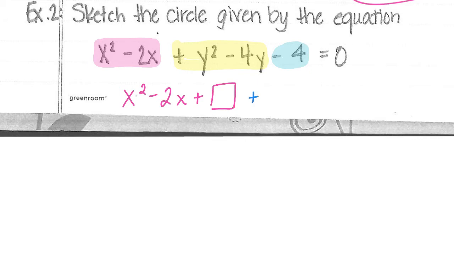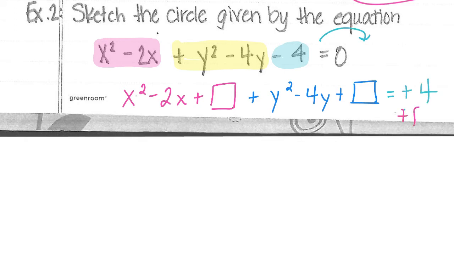I'm going to put the y terms together and complete the square. Yes, completing the square is an Algebra 2 term. And I'm going to bring the constant over, but don't forget I had to complete both squares.